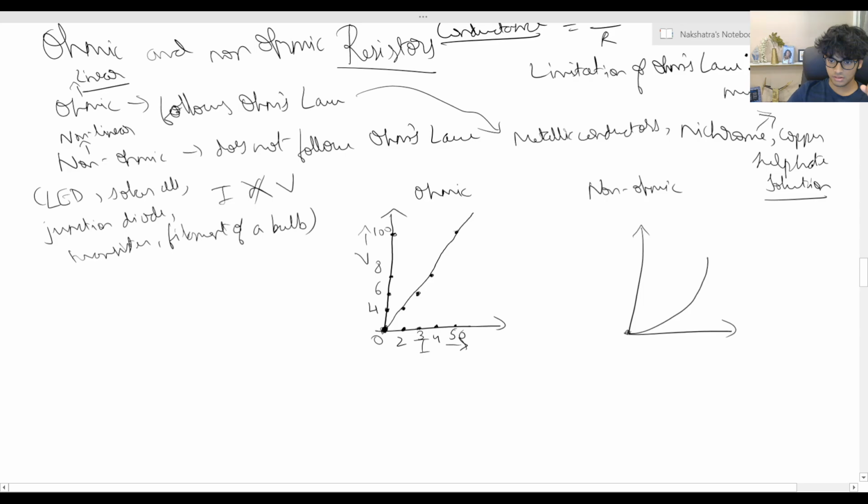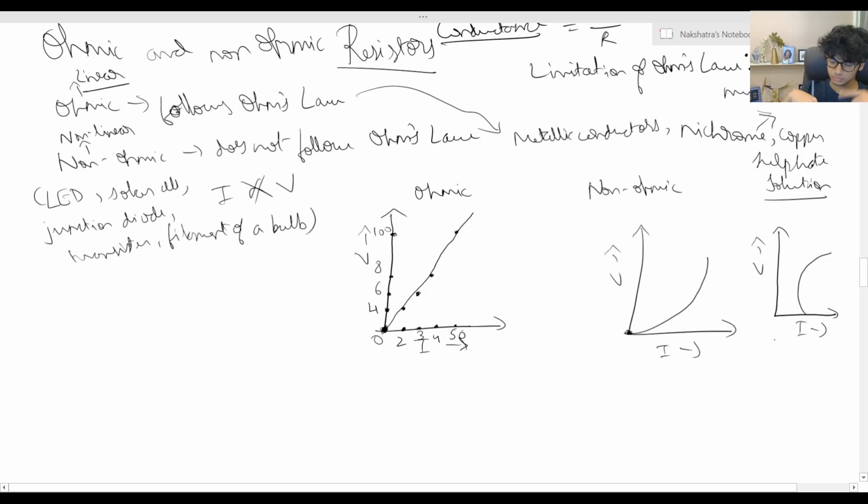It will be a curve. This curve may pass through the origin like this one, or the VI graph of a non-ohmic resistor might not even pass through the origin. It's not necessary.